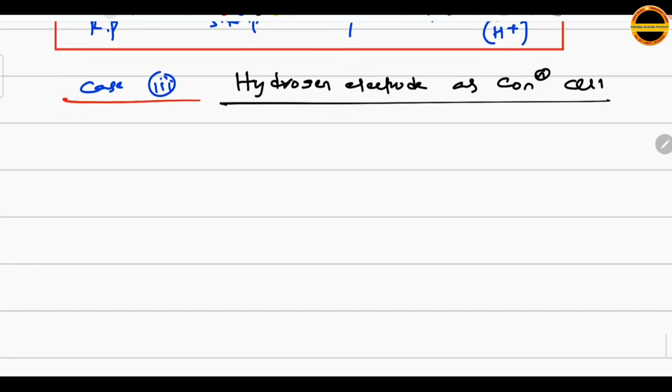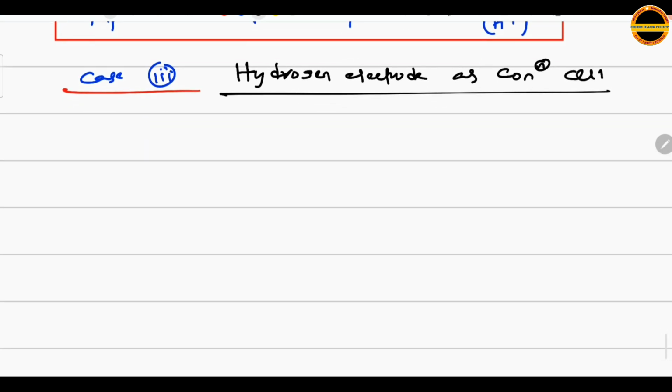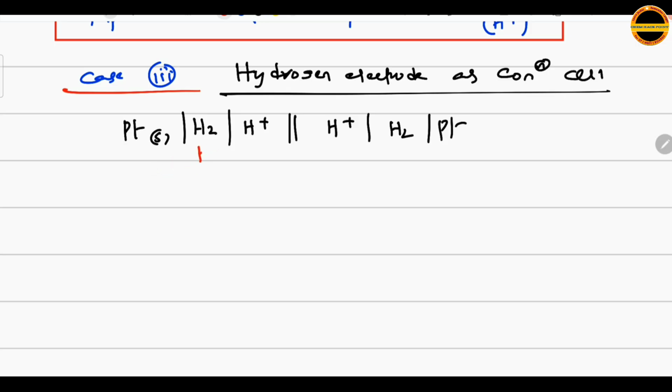So for the hydrogen electrode as a concentration cell, I am writing the representation: platinum solid, H2, first the anode representation, H plus, salt bridge, H plus, H2, platinum. I am writing the respective information here: P1, concentration C1, concentration C2, H2 at P2 atm.